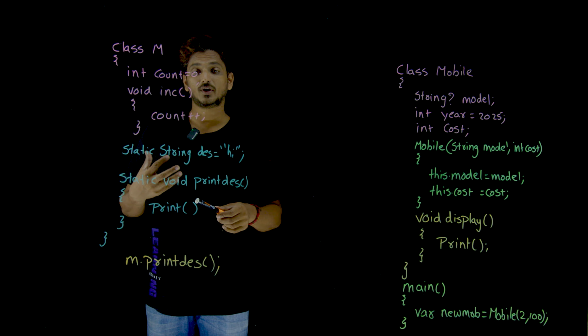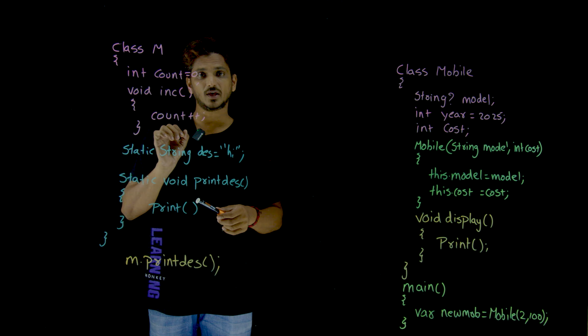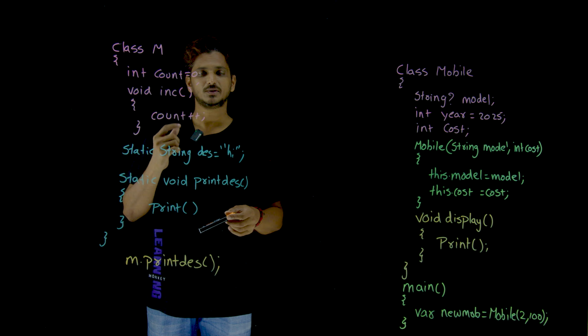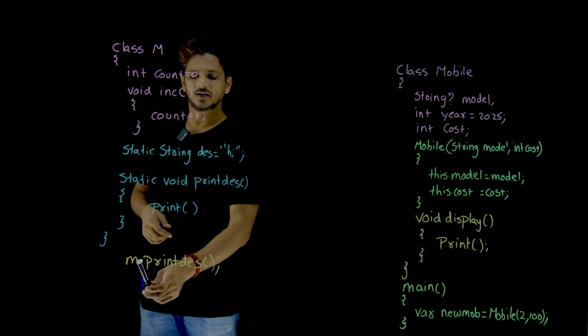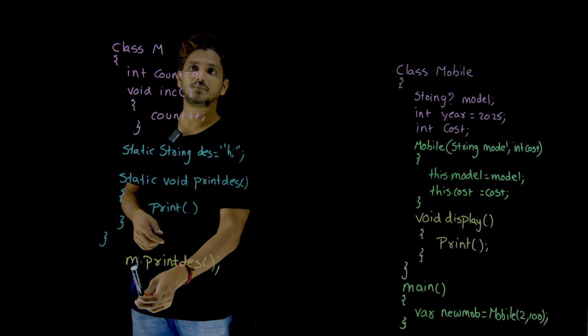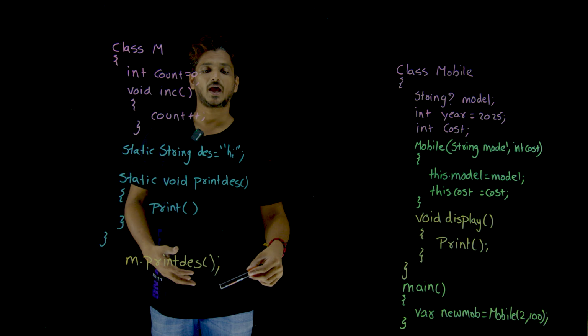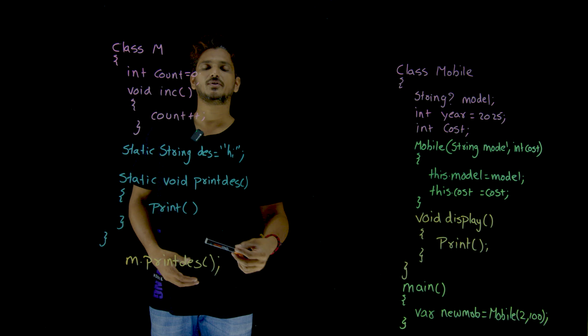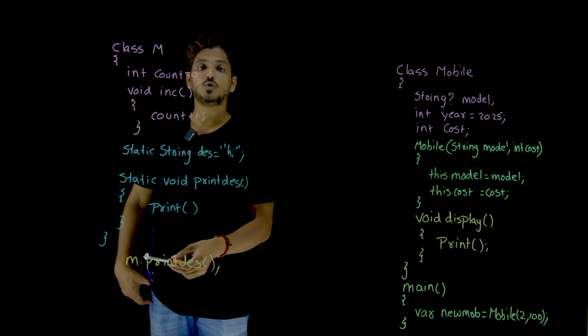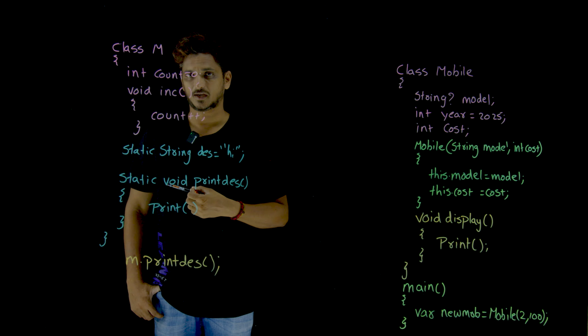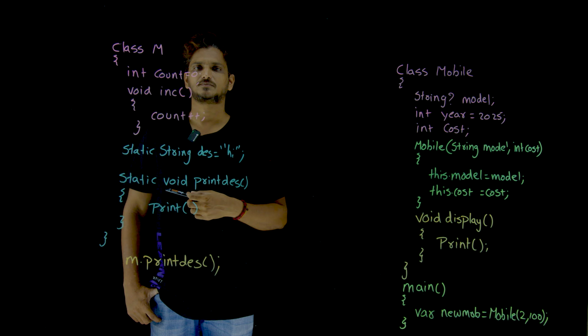If you want to directly access static variables and static methods in the class, you use the class name. M is the class name, so m.print desc of, you are accessing the static method from the class directly. There is no need to define an object for static methods.